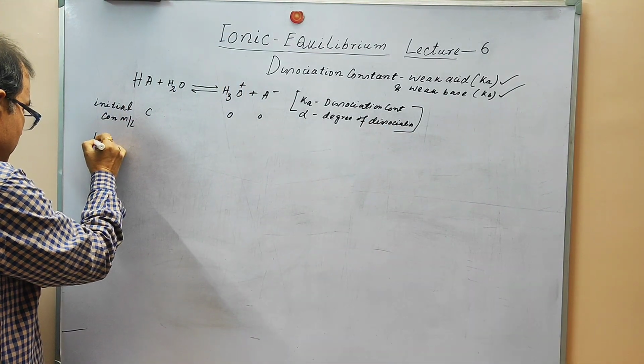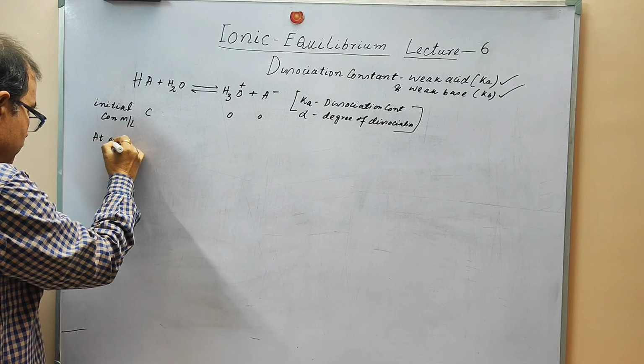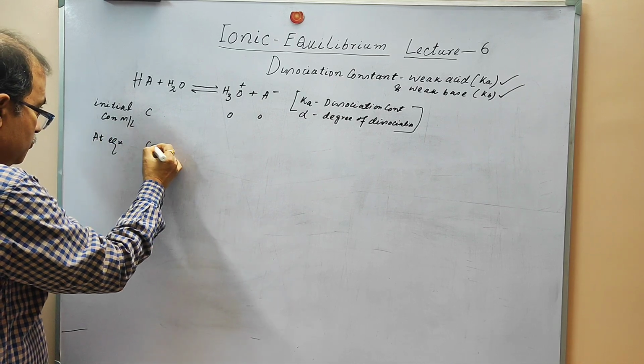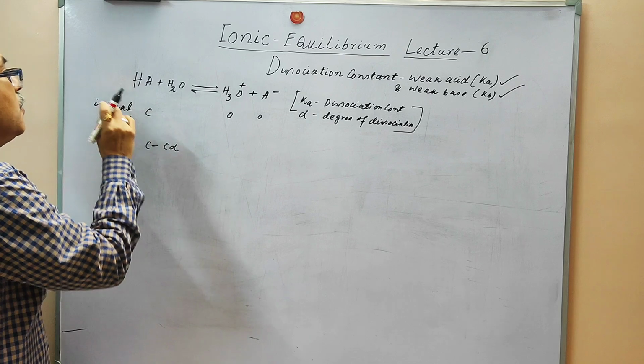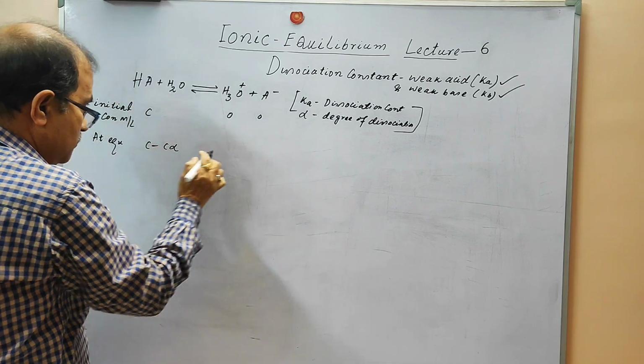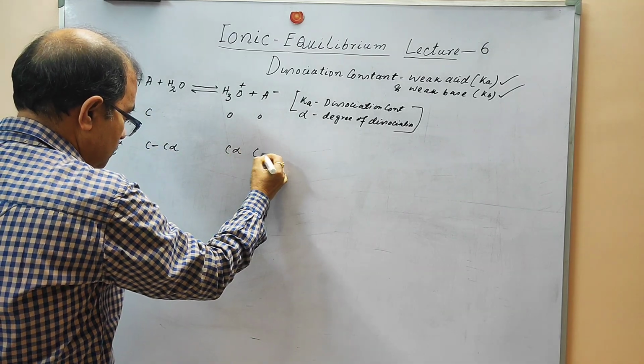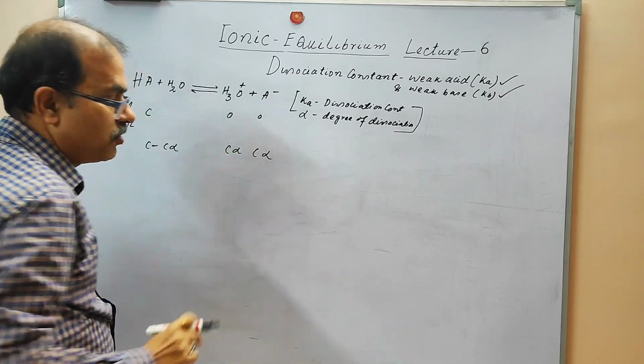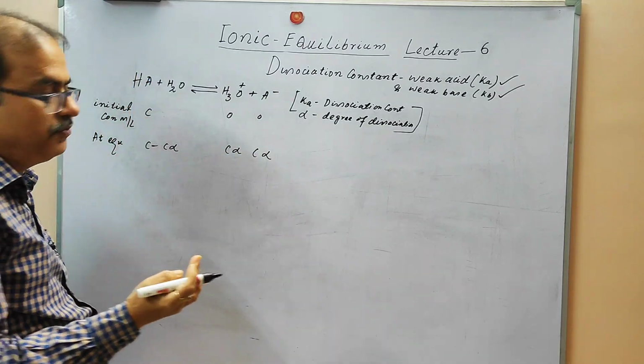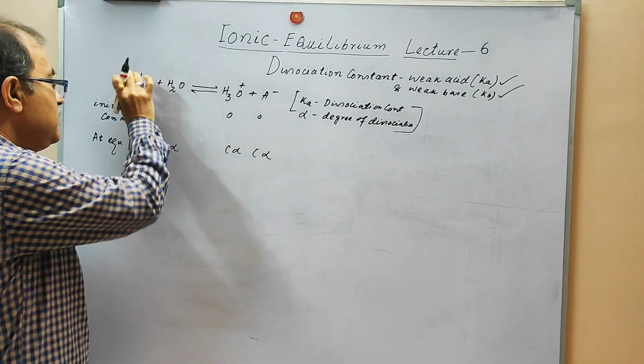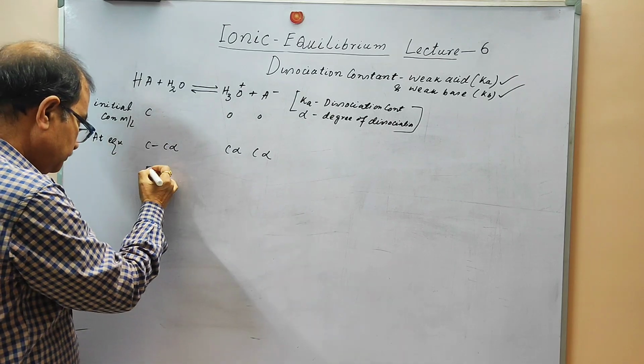And at equilibrium, we can say that the concentration of unionized HA is C minus C alpha, and C alpha is the molar concentration of each ion. This amount of the HA has been dissociated.